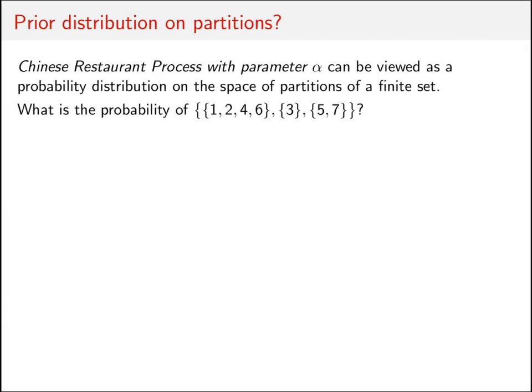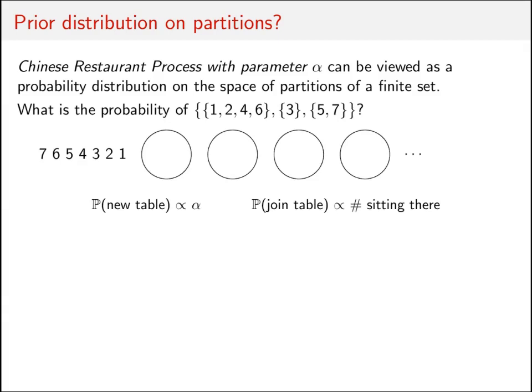Imagine that those numbers are customers in a Chinese restaurant, and the clusters are tables. Every new customer chooses a new table with probability proportional to alpha, or joins an existing table with probability proportional to the number of people sitting there.